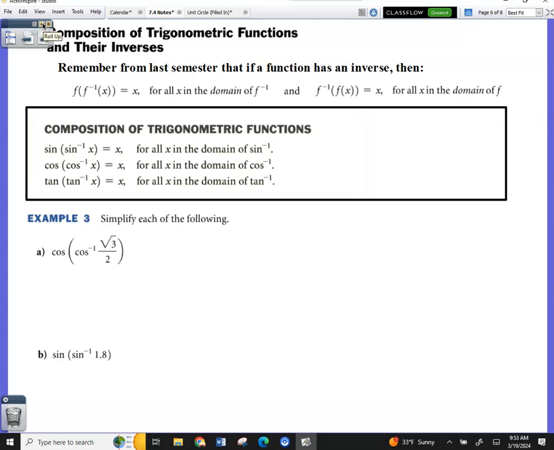Let's take some notes on this box right here. First of all, if you take the sine of, meaning composed with, the sine inverse, because those are directly related, you're going to get x. If you take the cosine of cosine inverse, you're going to get x. If you take the tan of tan inverse, you're going to get x. Remember, we do have restrictions.